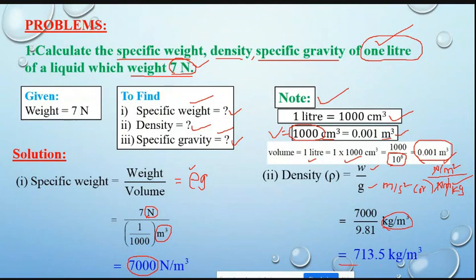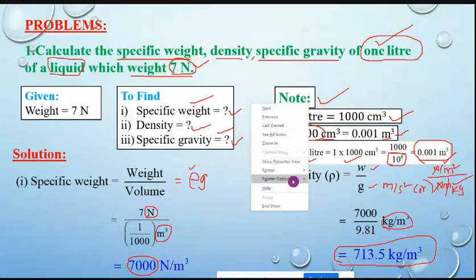We don't know the name of this particular liquid, it is simply marked as liquid. The density of liquid is 713.5 kilogram per meter cube. The density of the water is 1000. So you can use these values to find the specific gravity.